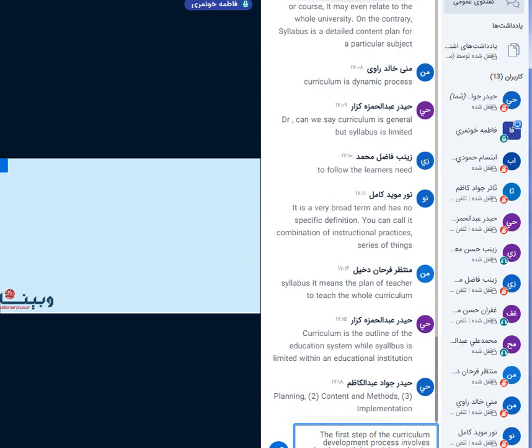So these all happen at the planning stage of the curriculum development process.